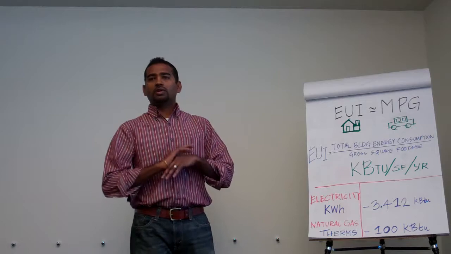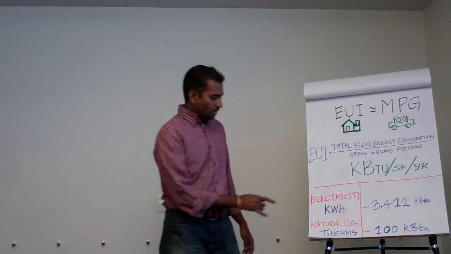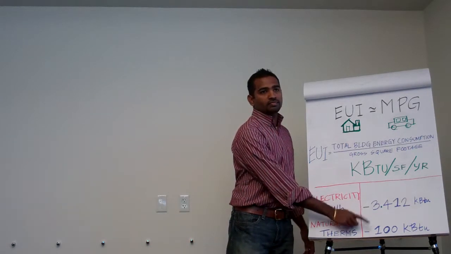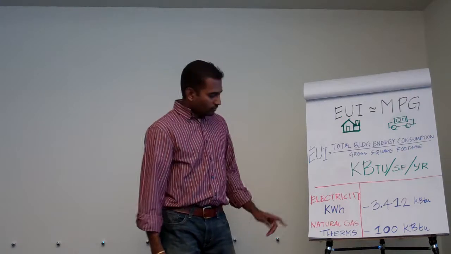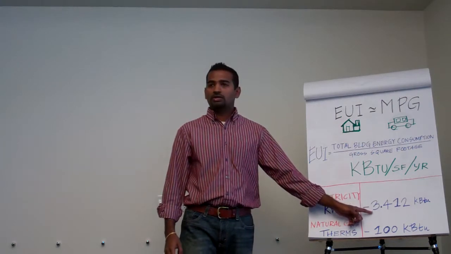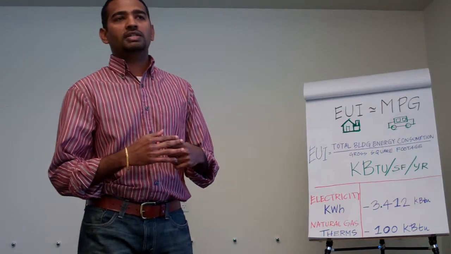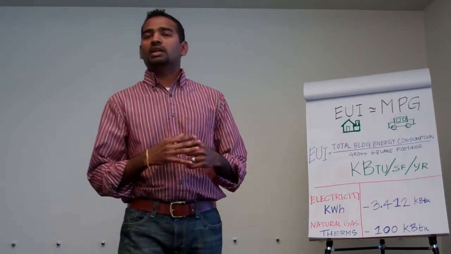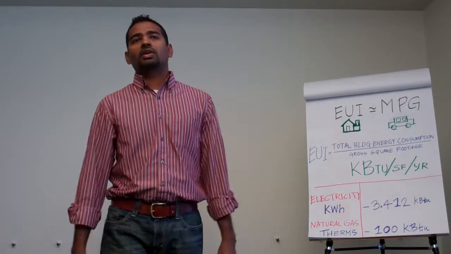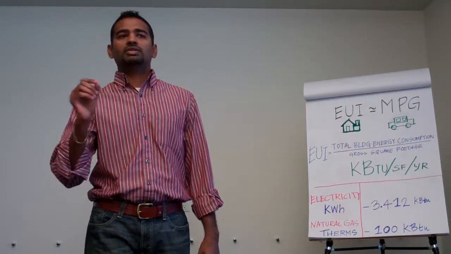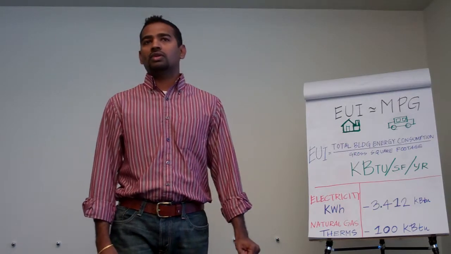So if you don't remember anything on EUI, you've got to remember these two numbers. So 1 kilowatt hour is equal to 3.412 kBTU. And the reason is, if an electrical engineer says the elementary school is 11 kilowatt hours per square feet, that's the energy use intensity of an elementary school.